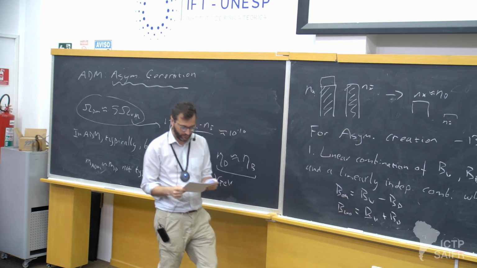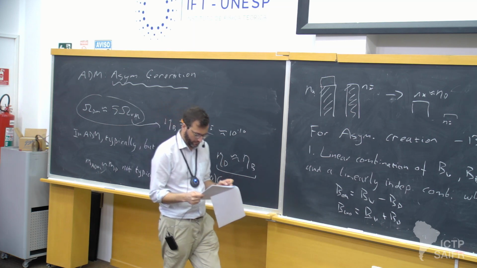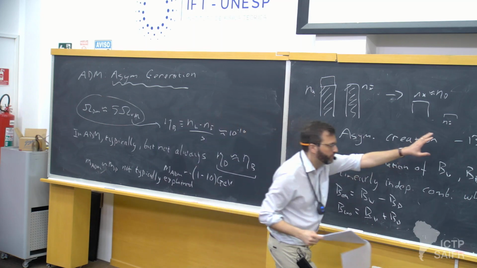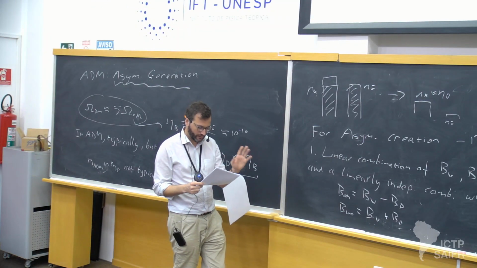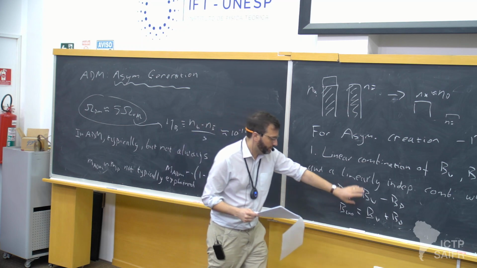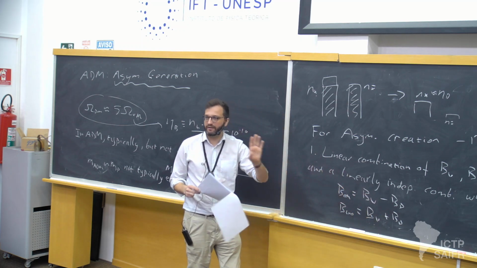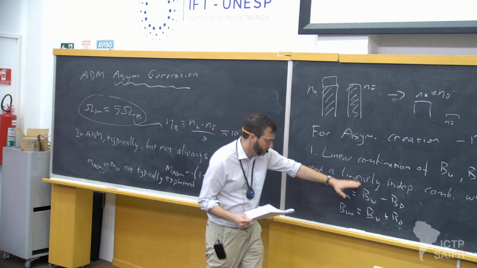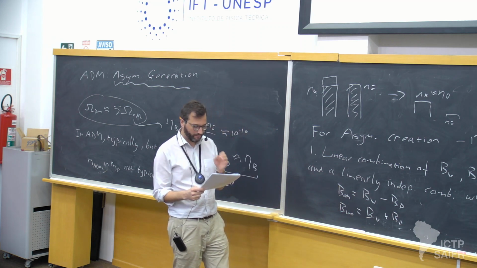There's a simple way of showing this. It's given in this review paper and also in the notes, but in the interest of time I'll leave it like this. You can basically rescale the definition of BV and B dark, the charges, and then find this combination being conserved and this being broken.